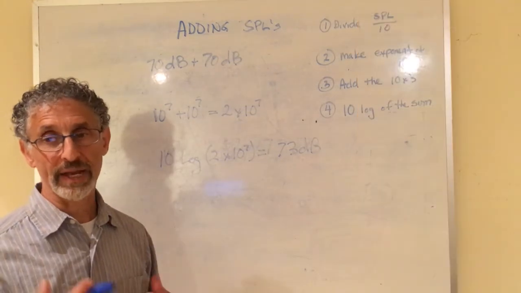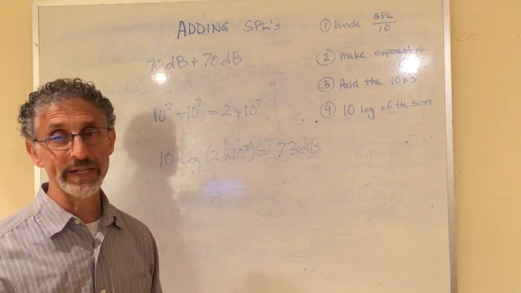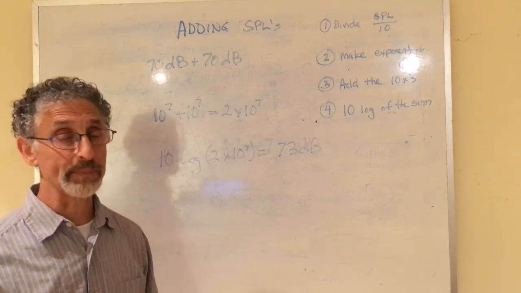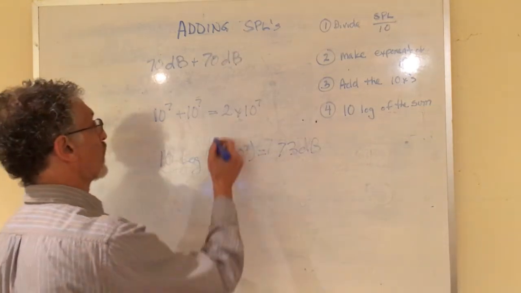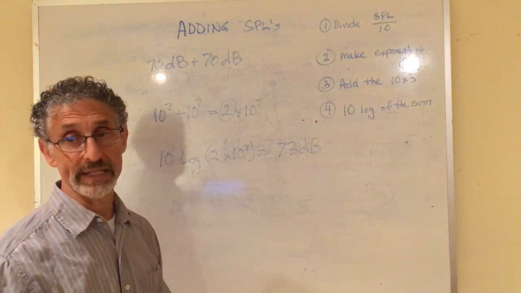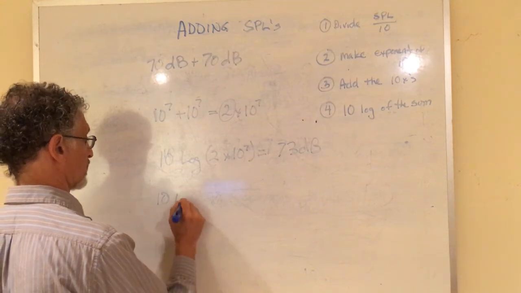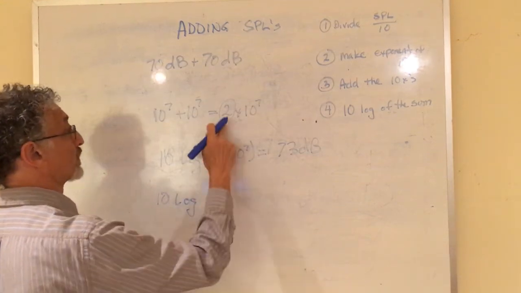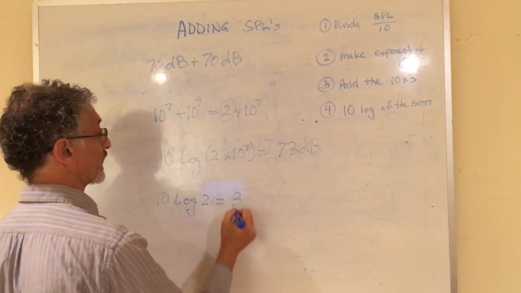Now it turns out that if you double the number of any identical sources, you will increase the SPL by 3 dB. That's because you'll always end up with 2 times whatever the dB is. And 10 log of 2 equals 3.